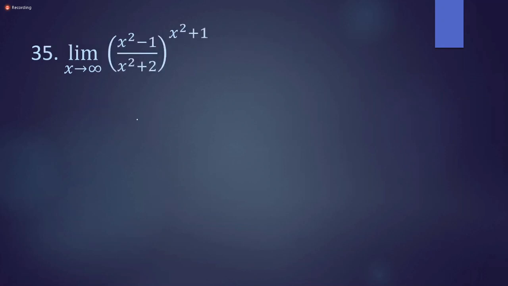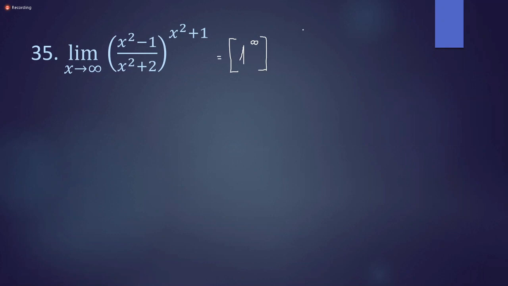This one looks horrible, but just notice, if x tends to infinity, x squared divided by x squared is 1. So in principle, we see that this is the indeterminate form 1 to the power infinity, because we understand that this actually tends to 1.